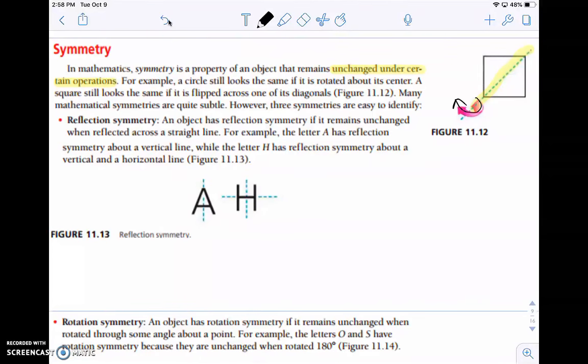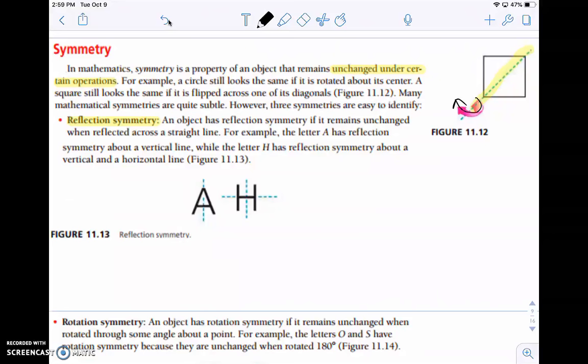Some mathematical symmetries are really subtle, but we're going to talk about 3 symmetries that are easy to identify. The first is reflection symmetry. Imagine you draw a dotted line here; if you were to reflect or flip the figure over that dotted line, it would look exactly the same as it was in the beginning.